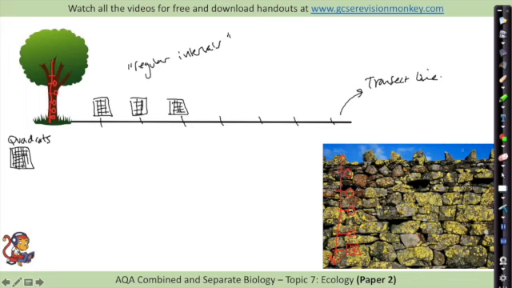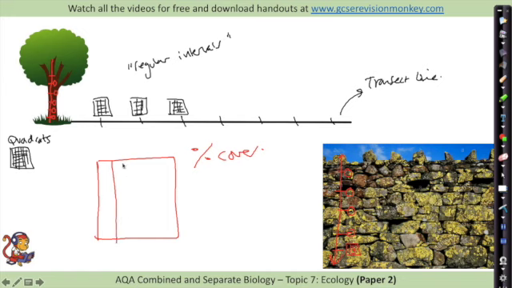With a quadrat, not only might you want to count the number of organisms, but for some organisms this is particularly difficult. Instead, you might want to calculate the percentage cover in the quadrat. You may well be asked to do that in the exam.